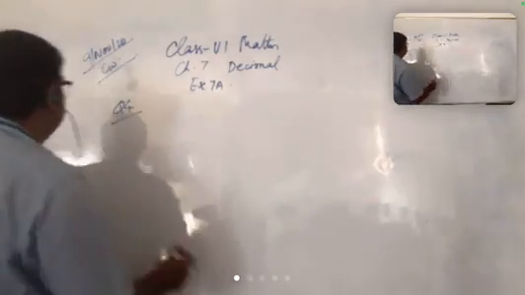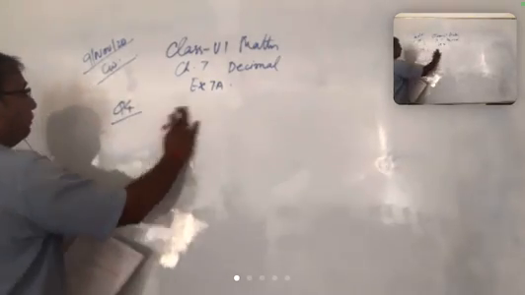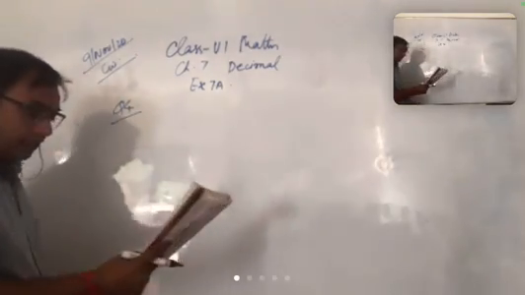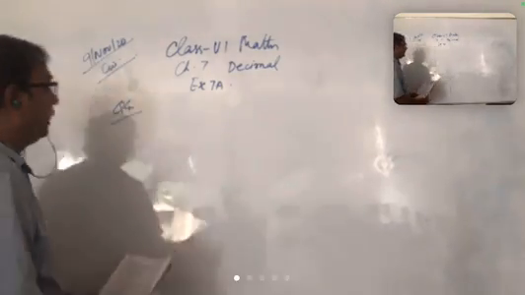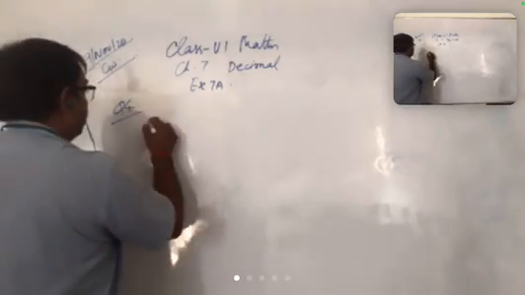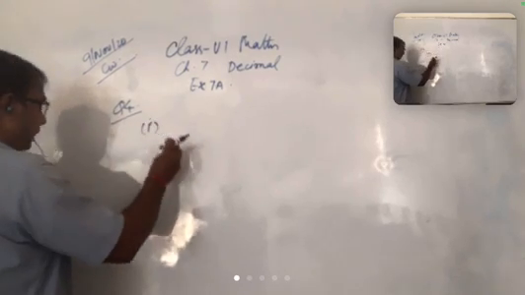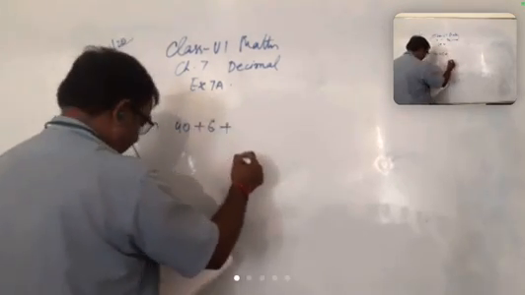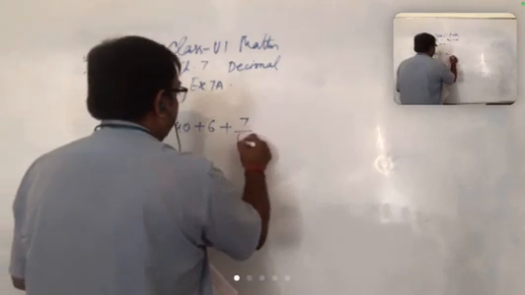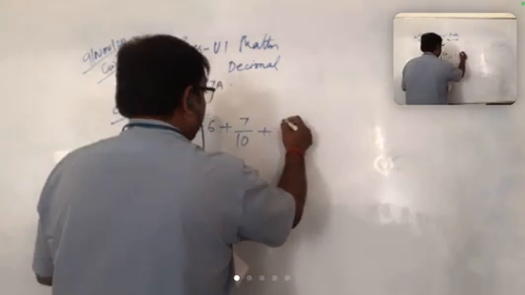So, now question number 4. Write each of the following in decimal form. The first question is 40 plus 6 plus 7 upon 10 plus 9 upon 100.